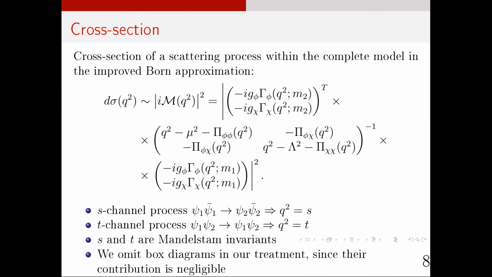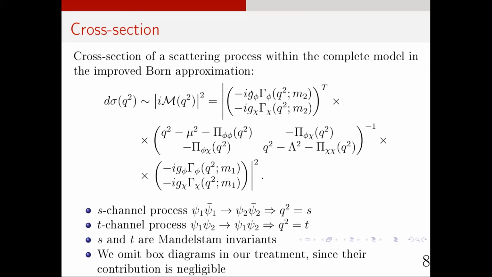The cross-section of this scattering process is shown here. Here you can see that the cross-section, sigma, is proportional to the squared modulus of the matrix element of the scattering process.